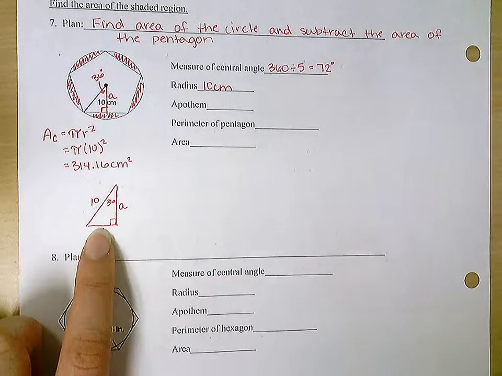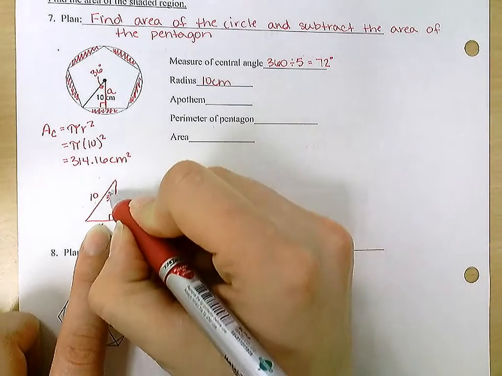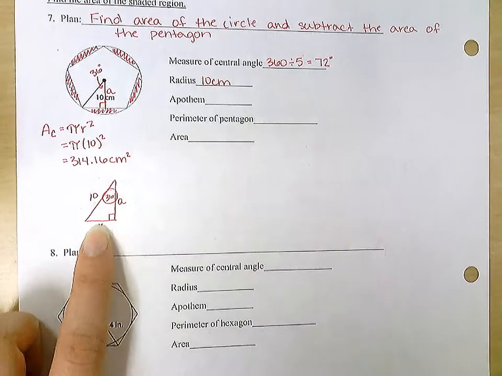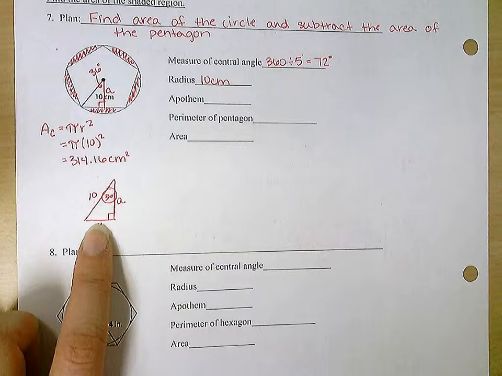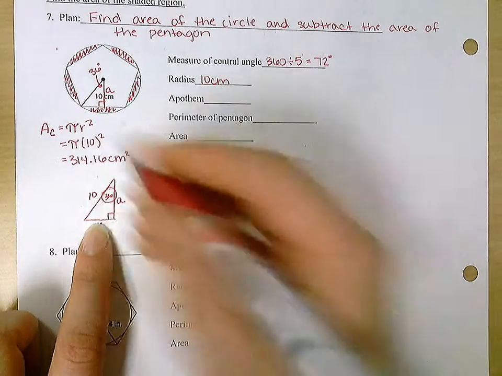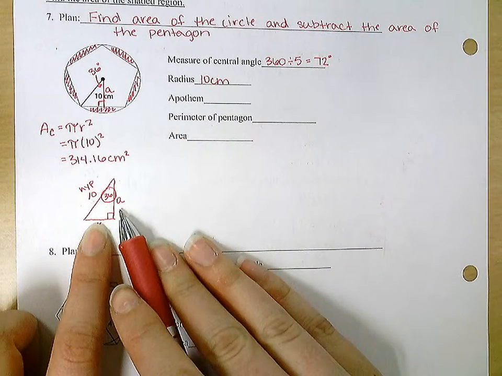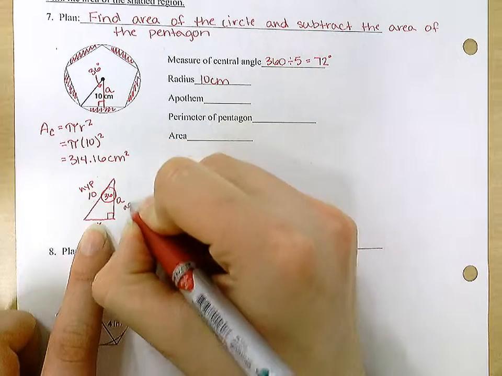And I want you to find A. So how could I set that up? What sides do I have, using SOHCAHTOA here, with an angle of 36? What's this side? Hypotenuse. What's this side? Adjacent.